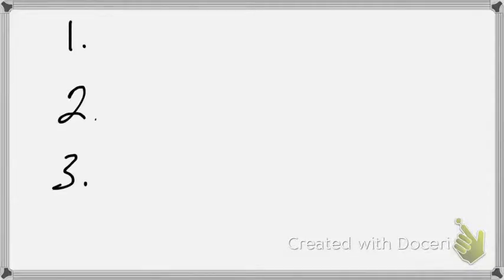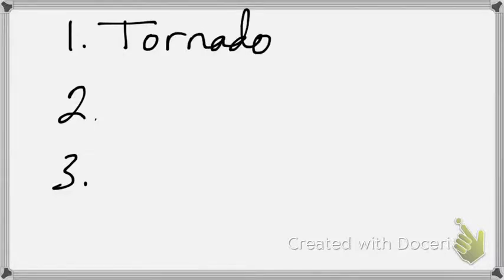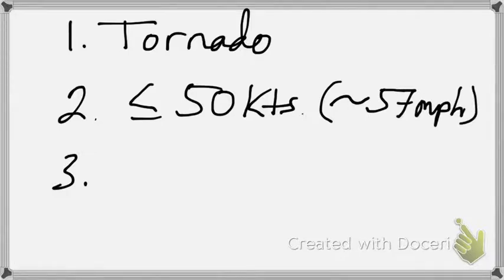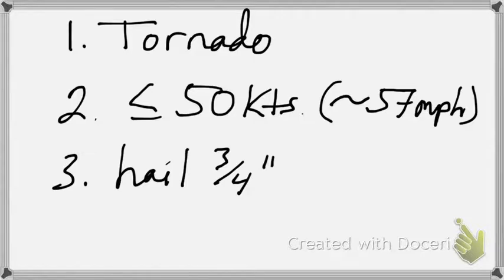One of them is the presence of a tornado. 2 is winds greater than or equal to 50 knots. That's roughly 57 miles per hour, I believe. Or you have hail 3/4 inch or greater.